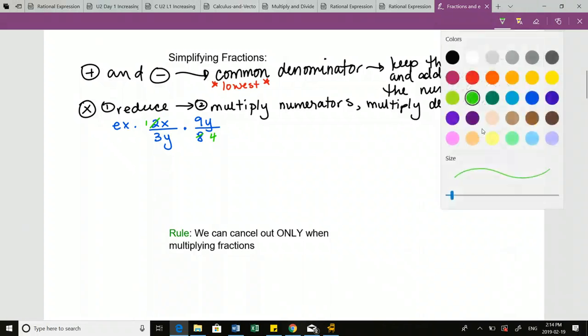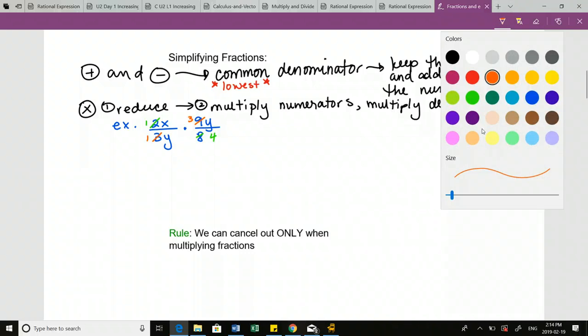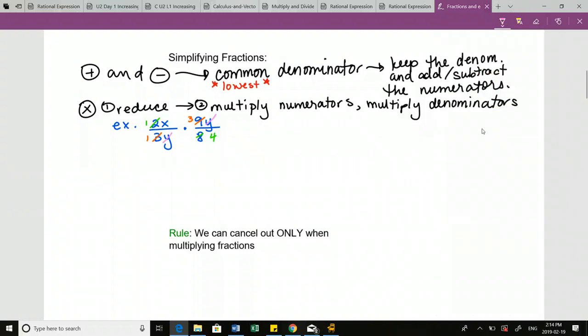Okay, and then 3 and 9, I can divide 3 into both of those, right? So I can reduce that to 3 and 1. And then because I have a y on top and a y on the bottom, I can also cancel out those y's. So any top can be reduced with any bottom part when I'm multiplying. So all I have left here is 3x and 4 underneath. And see how it's all nicely reduced already if I do that kind of cross-canceling.